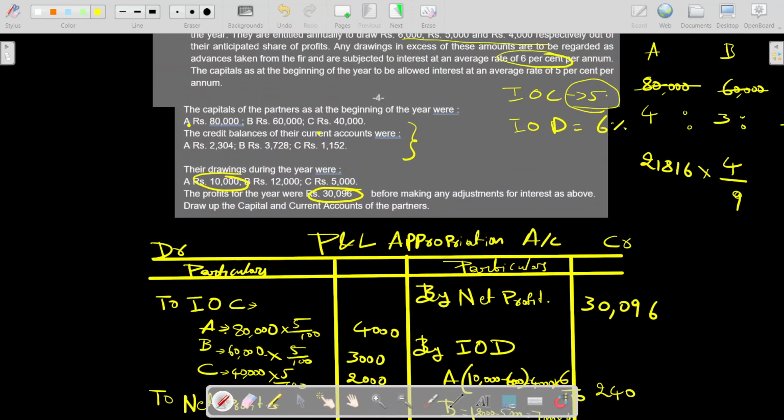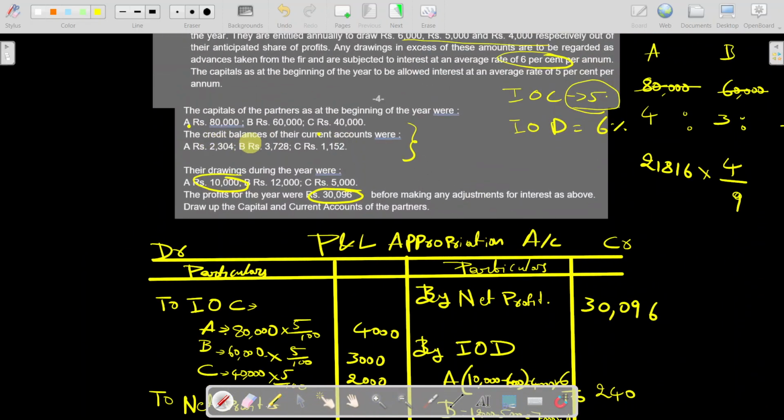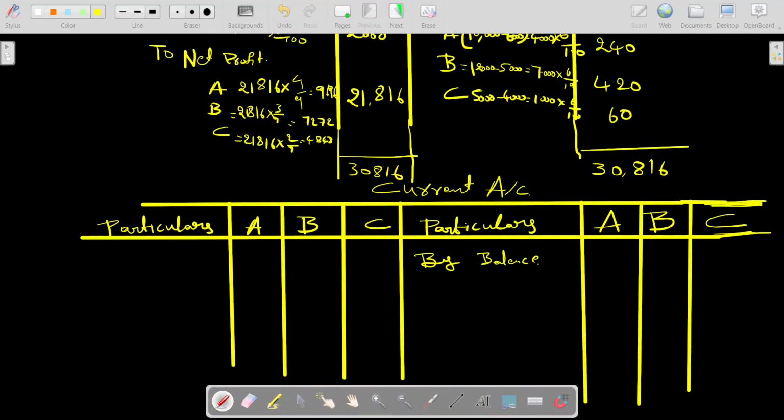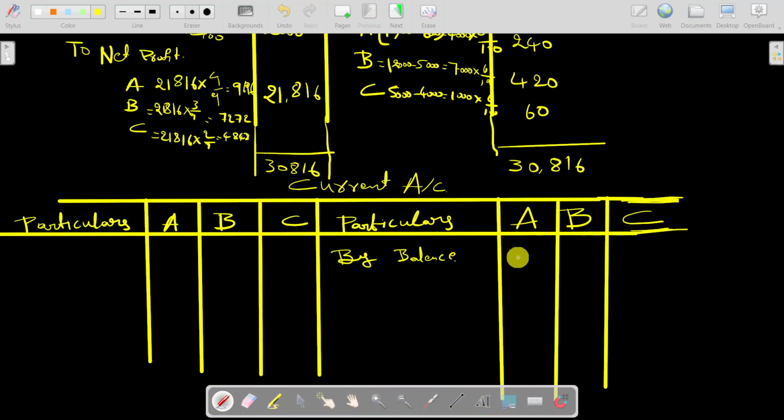We have in the problem the credit balances of their current account. A has 2304 and B has 3728.